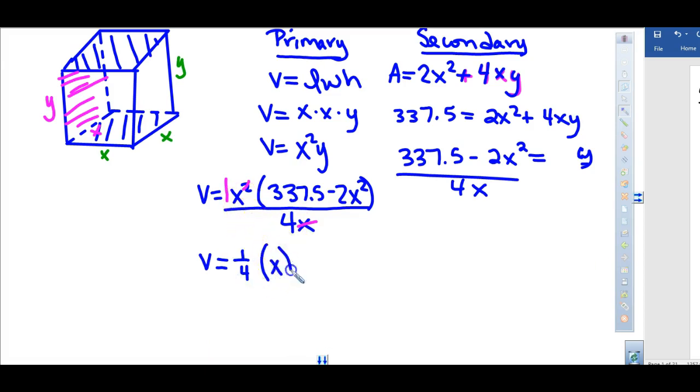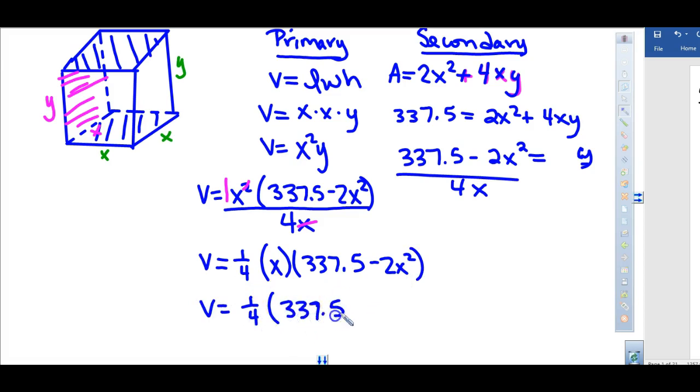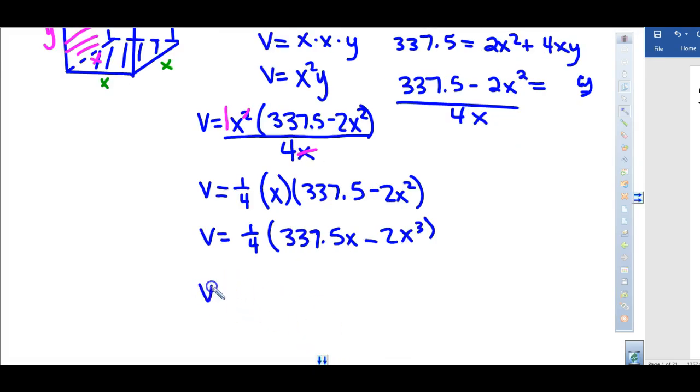x times 337.5 minus 2x squared. So that would be 1/4 times 337.5x minus 2x cubed. That's going to make it easier to differentiate.